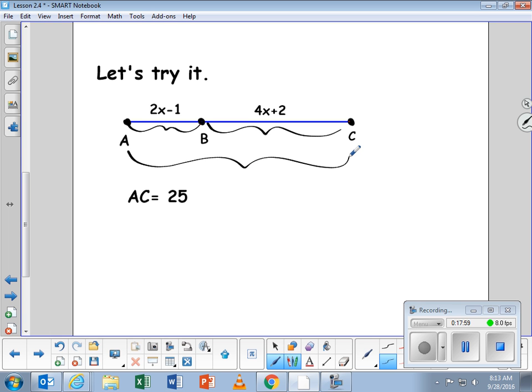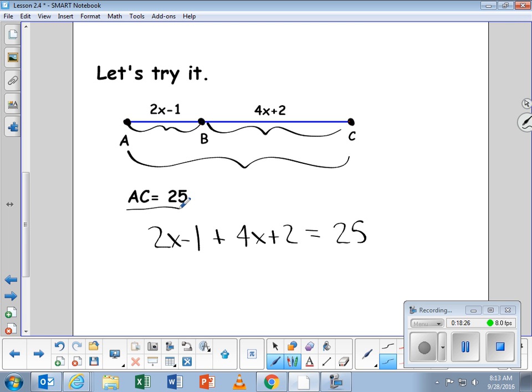So, what statement can I write? 2x minus 1 plus 4x plus 2 is equal to 25. Because we were told right here that AC is 25.